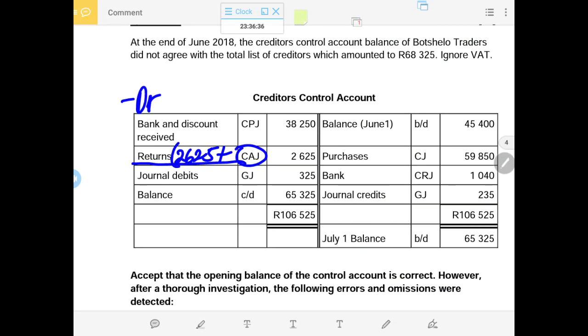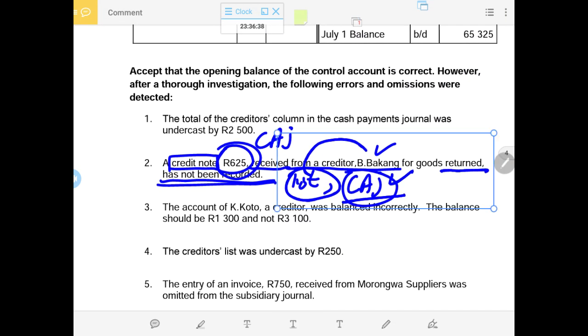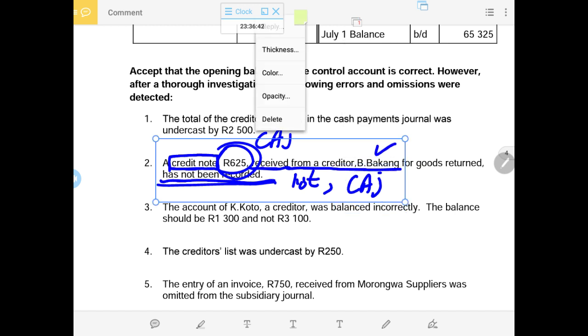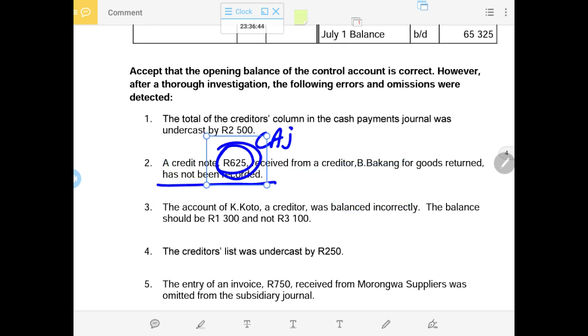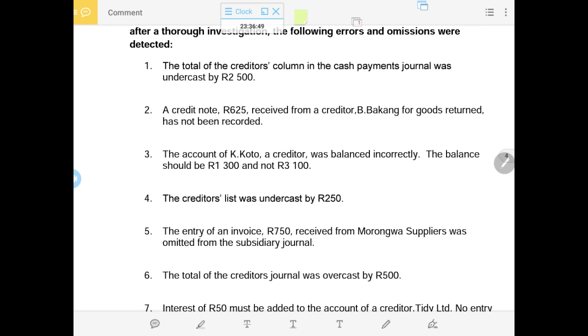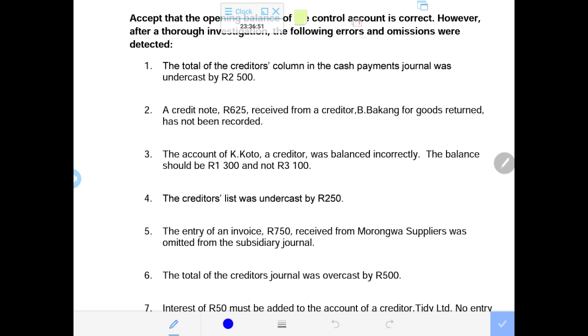Then we go to transaction number 3. Very sorry if I'm moving very slowly. I want to capture the students whose knowledge of accounting is not very deep. Then transaction number 3 says the account, now they are very specific. The account of who? They are not saying creditors control or in the journal. They say the account of who? This is the creditor. That means in the list of the creditors.